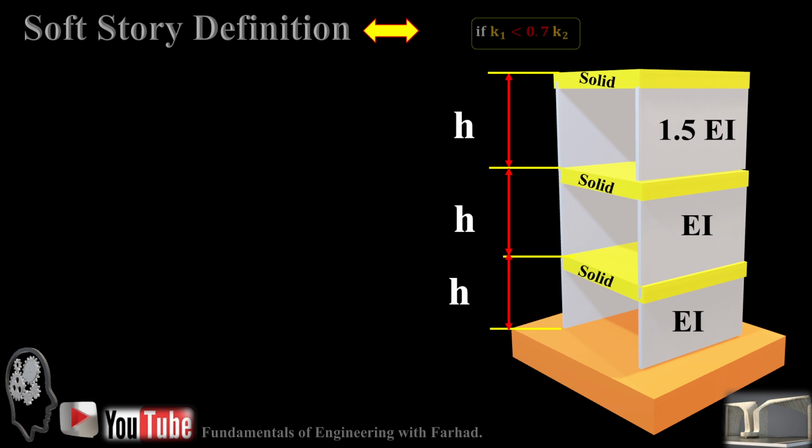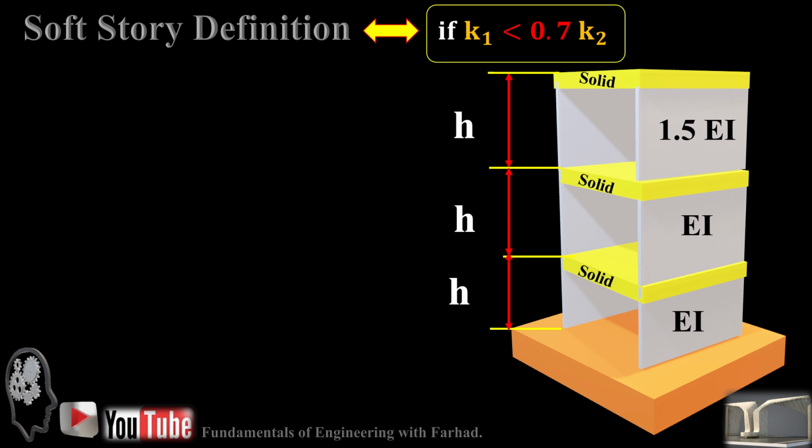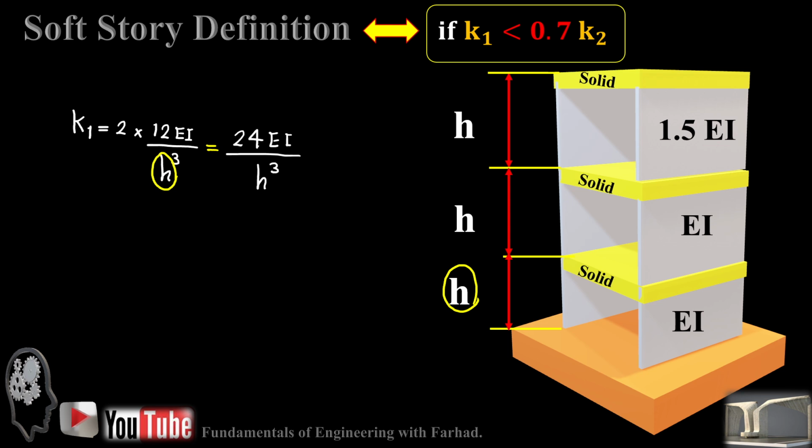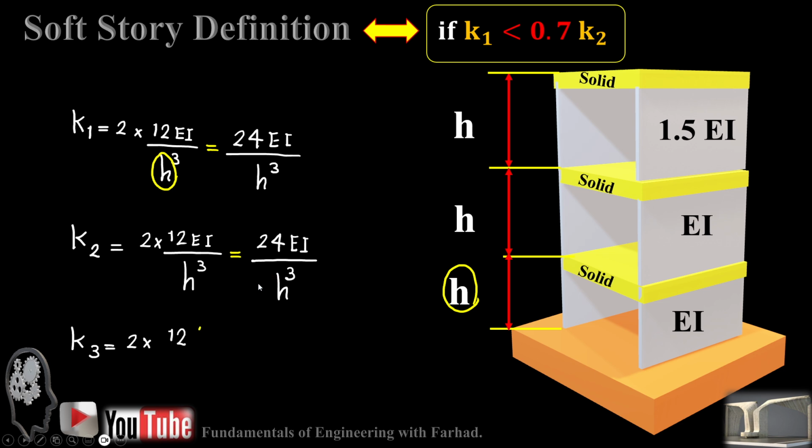Based on the soft story definition, we check whether the stiffness of any floor is less than 70% of the story above. K1 is 2 times 12EI over H cubed, which is 24EI over H cubed for the first story. K2 is again 2 times 12EI over H cubed with the same height and EI, also 24EI over H cubed.